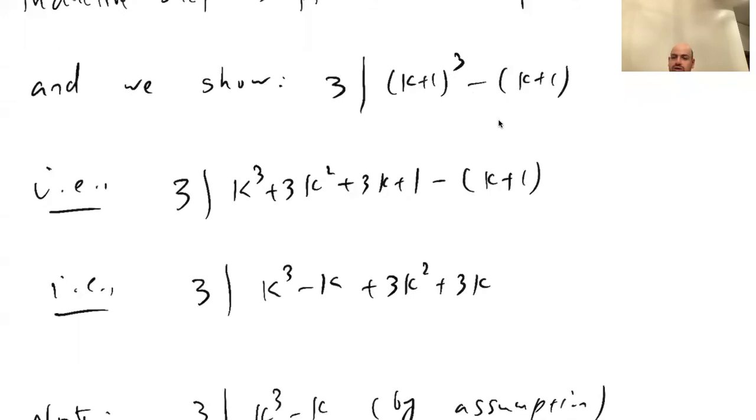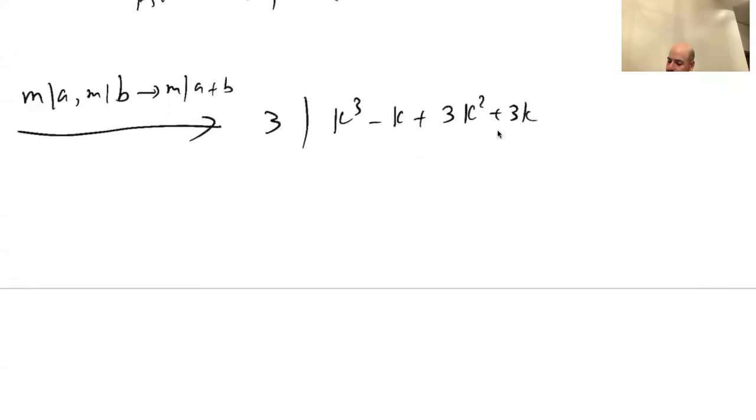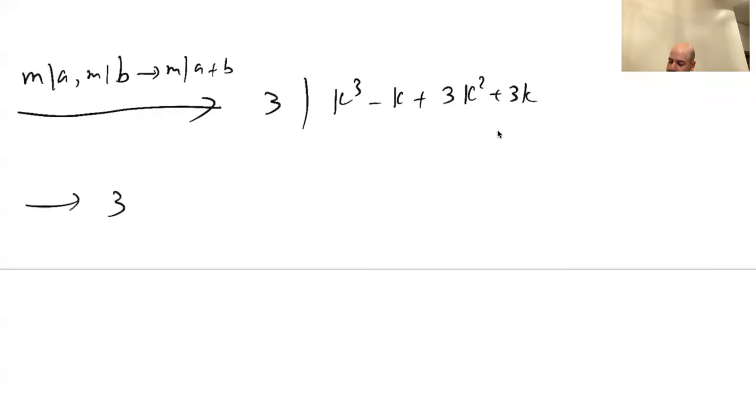That's what we showed previously. So that means 3 divides (k plus 1) cubed minus (k plus 1).